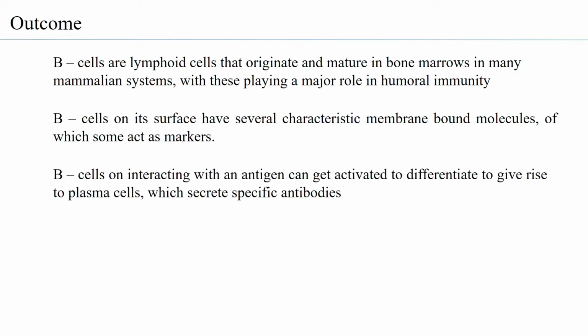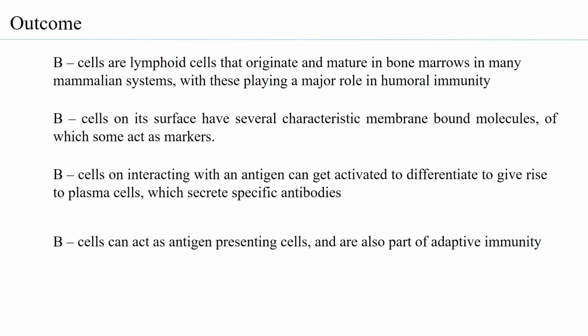B cells on interacting with an antigen can get activated to differentiate to give rise to plasma cells, which are able to secrete specific antibodies. B cells can, apart from producing antibodies, also have several different functions, of which one is its ability to act as an antigen presenting cell.